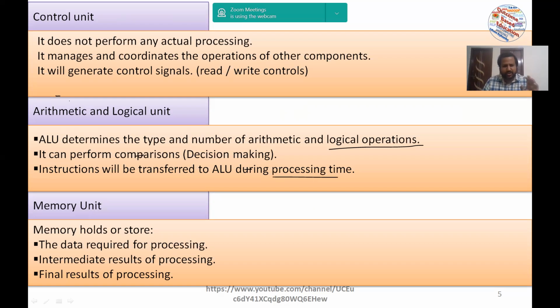It will store information, and it can also store intermediate results. When you have a set of different operations, one operation's output will be passed to another operation. In that case, the intermediate results will also be stored in some temporary memory location. All these things are handled by the memory unit.